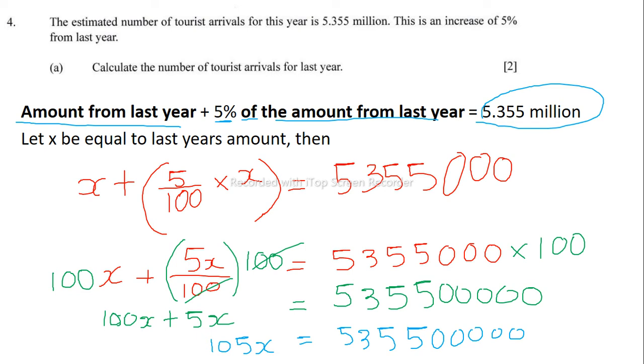Because it's 100% plus 5. Okay. So just divide 5.355 million by 105. That's pretty neat. Okay, that's the easier way to do it.